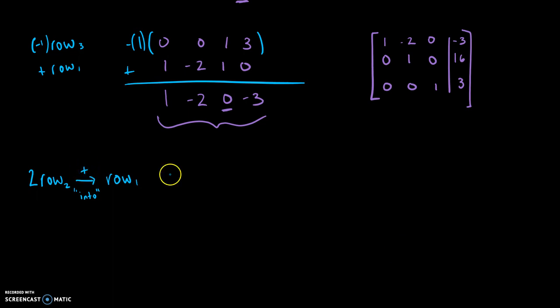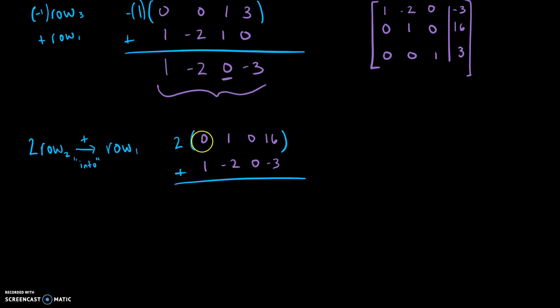All right, so then let's do this. Just going to go ahead and fill that out and make this a little more efficient. 2 times row 2, well, row 2 is 1, 0, 1, 16, and then we're adding it to row 1, so we have 1, -2, 0, -3. Well, what do we get here?